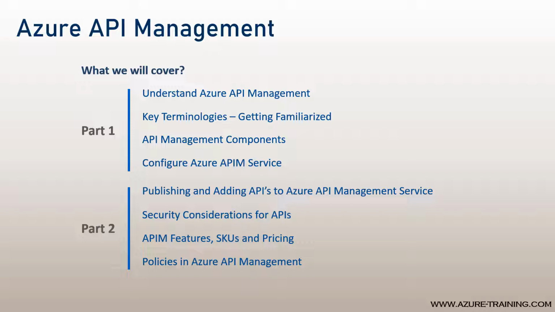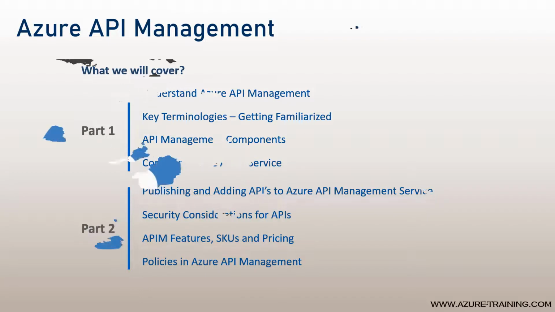In the second part of the session, we will try to publish and add APIs to Azure API Management Service, which will be followed by security considerations for APIs, and then we'll try to understand APIM features, SKUs, and pricing, followed by the policies in Azure API Management. So there is a lot to cover.